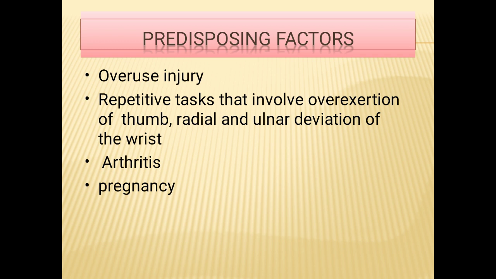Repetitive tasks that involve overexertion of the thumb, especially radial and ulnar deviation of the wrists, arthritis of the wrist joint or carpometacarpal joint, and pregnancy. These are the predisposing factors.